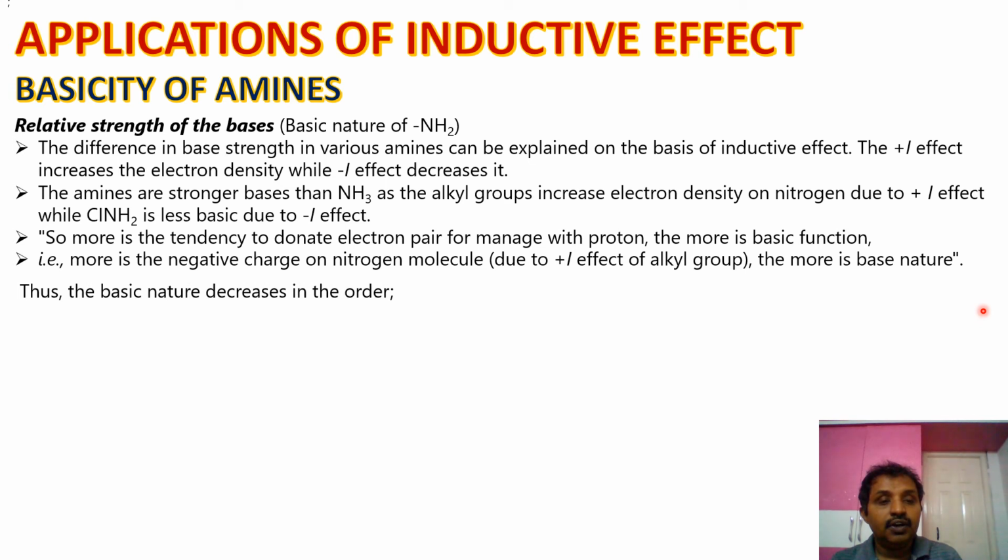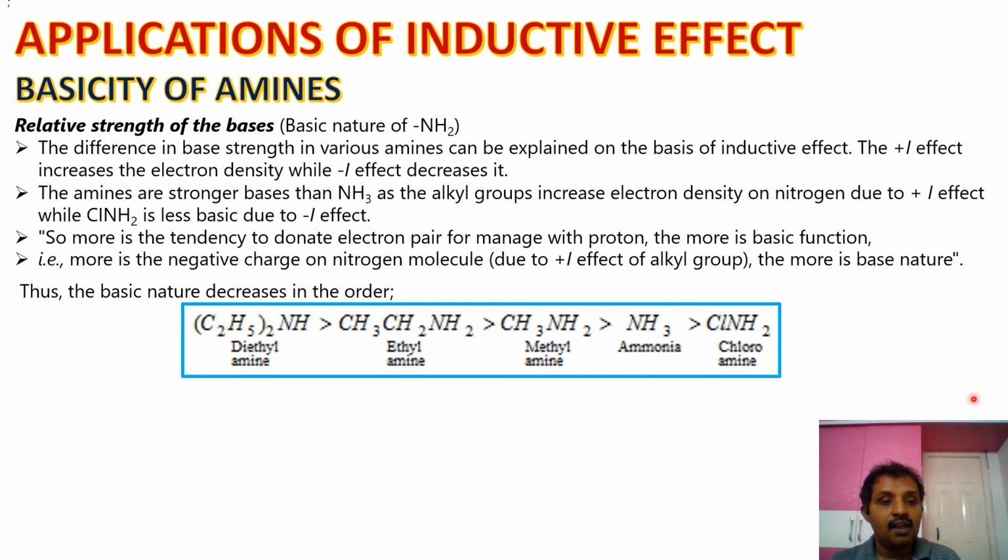Okay, now the basic nature decreases in the order: dimethylamine, ethylamine, methylamine, ammonia, and chloroamine. Here dimethylamine has a greater number of alkyl groups.